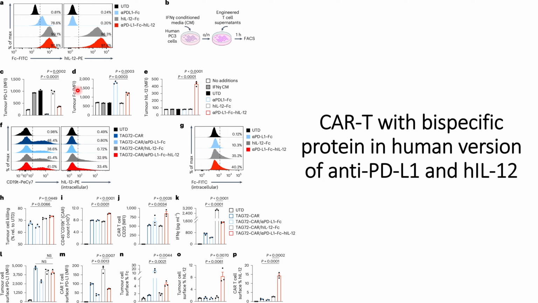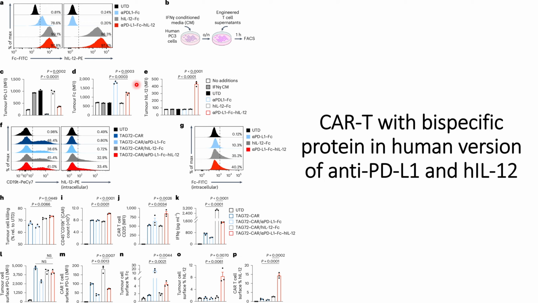When they check the FC expressed on the tumors, they are able to see that the expression levels are high when they use the anti-PD-L1 FC, because the anti-PD-L1 binds to the tumors, so they are able to see the binding to the tumors is high, both in the case where they use only anti-PD-L1 FC and also in the case where they use anti-PD-L1 FC and human interleukin 12.